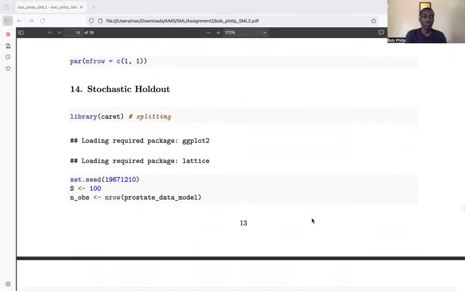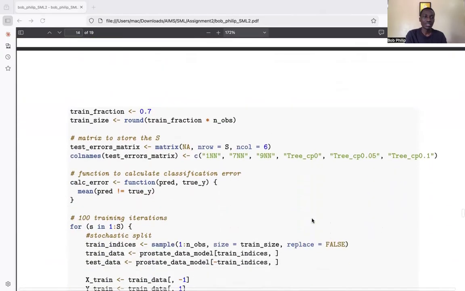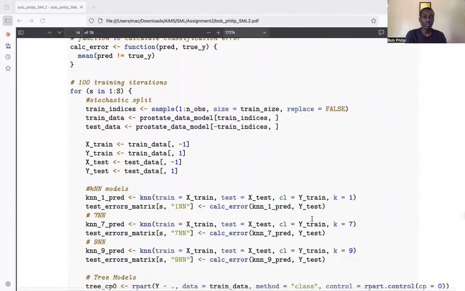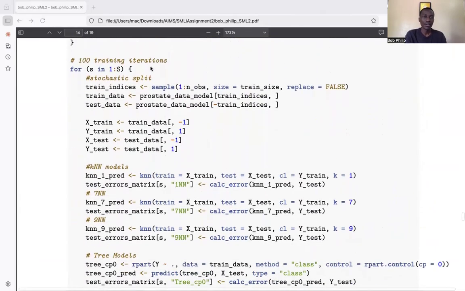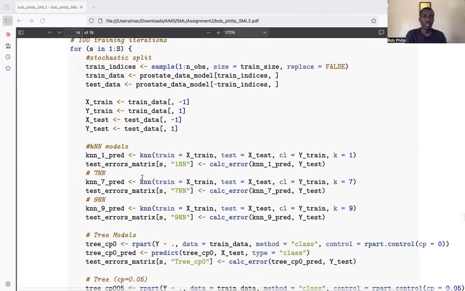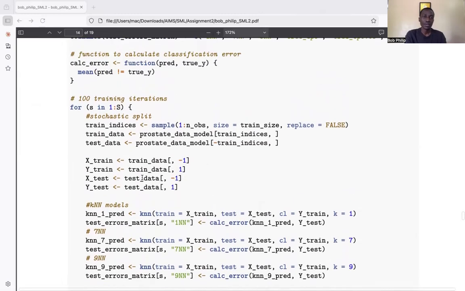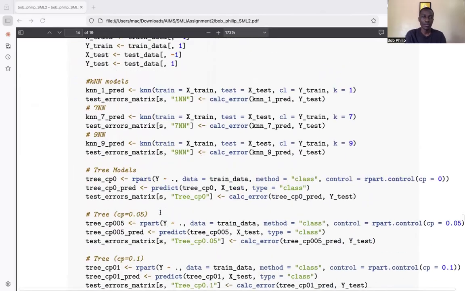One of the key things you can do here is holdout or cross validation. In this case, let's look at how holdout worked with 100 training iterations. We're doing holdout and keeping a portion of the data for testing so that we can see how different NNs and different CPs behave when they are exposed to data that they didn't see during training.